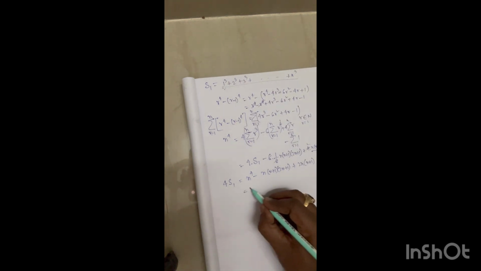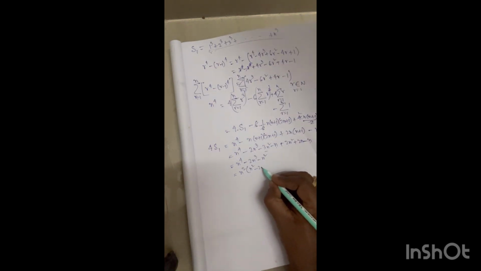Now you can simplify n to the power 4 minus, if I multiply, 2n cube minus 3n square minus n will be the case.